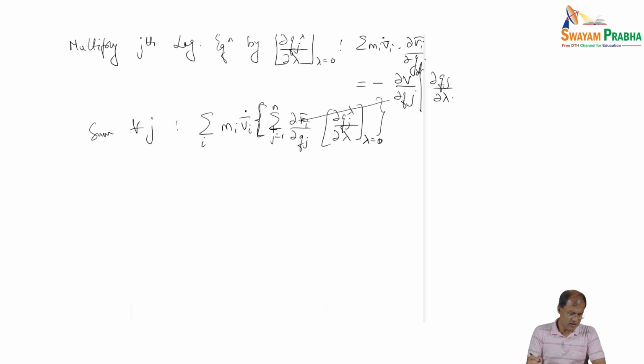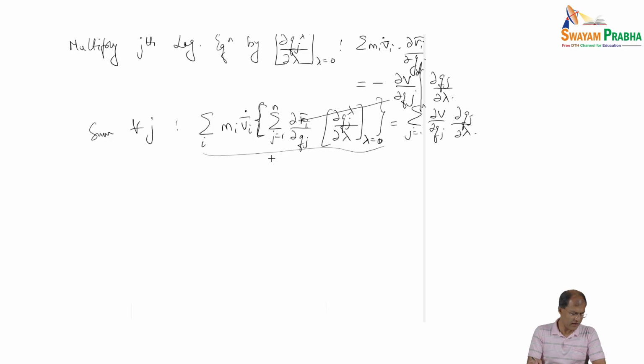On the right hand side, this is summation over j from 1 to n of partial V partial Qj times partial Qj partial lambda.